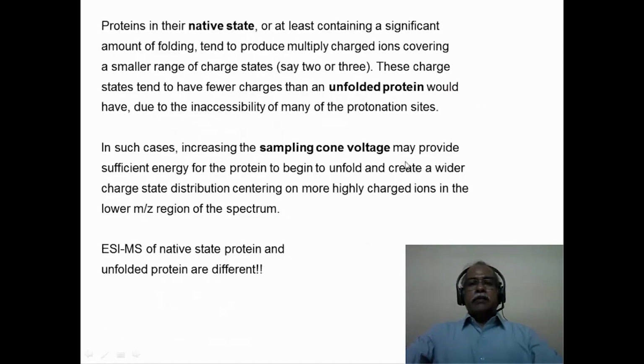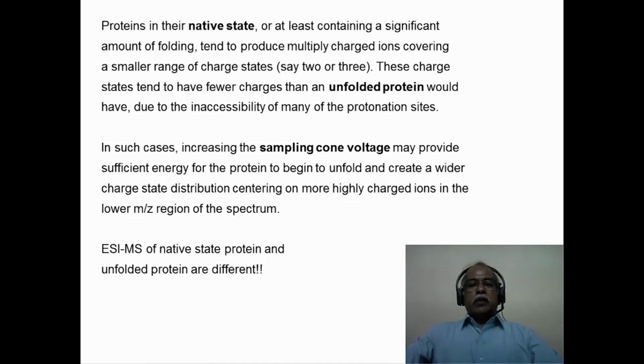Now proteins in their native state have certain conformations, certain three-dimensional structures. It is not necessary that all the possible sites that can be protonated are exposed under those conditions. Some of the sites can be buried under the three-dimensional structure, inaccessible for protonation.